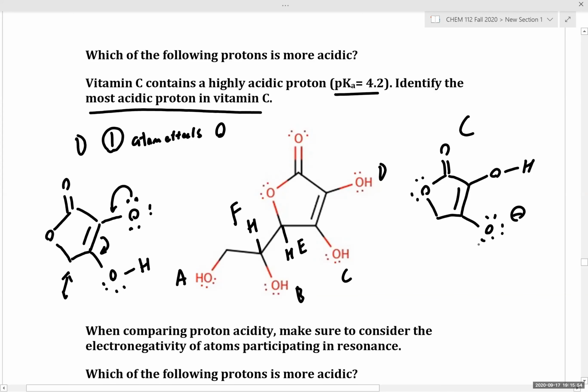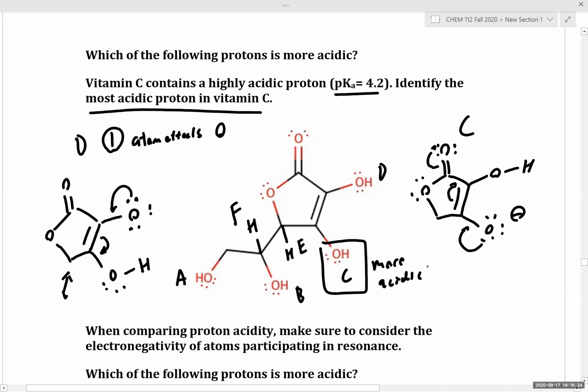So we have our anion, and in this case, we can delocalize our anion throughout our ring across 1, 2, 3, 4, 5 atoms. So which of these protons experiences a greater amount of stabilization via resonance delocalization? Which of these anions is more stable? The anion formed from D or C? C, yep. So as a result, proton C is more acidic.